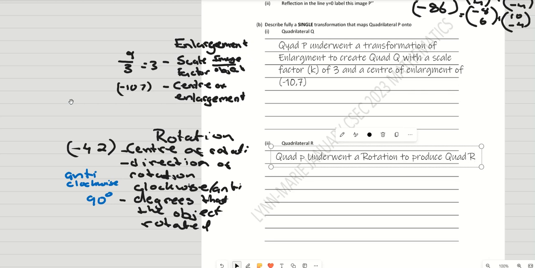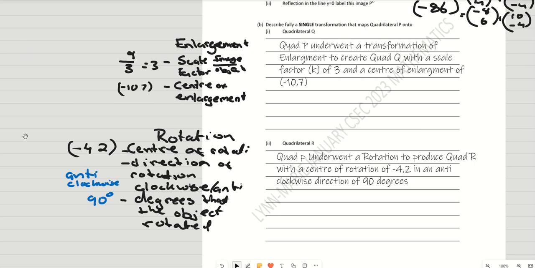And you're going to say with a center of rotation of -4, 2 in an anti-clockwise direction, right? Because it's an anti-clockwise direction, of 90 degrees.